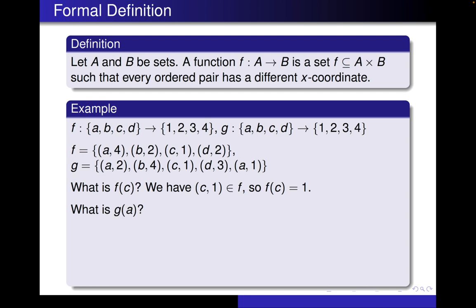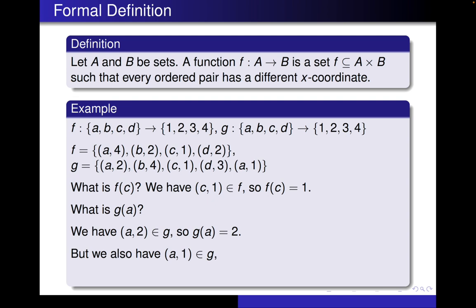Because if we want to know what G of A is, we've got to look for an ordered pair that has A as an x-coordinate. And if you look at that first ordered pair in G, that's A2, that says that A is the input, 2 is the output, which means that G of A is equal to 2. So that's fine. Except if you look at the last ordered pair, that also has A as an x-coordinate, but it has 1 as your y-coordinate, which means A is the input, 1 is the output, and so G of A is equal to 1.